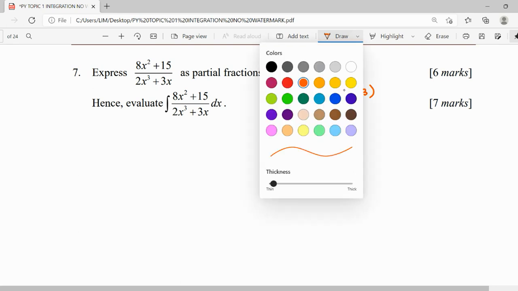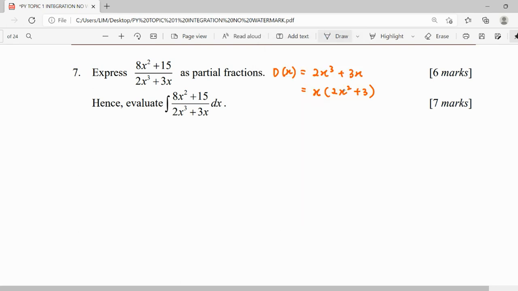Then only we come to step number 3, so that we can write this fraction into partial fraction form. So we rewrite this fraction. Of course, this denominator we will substitute by the factor form that we did just now.